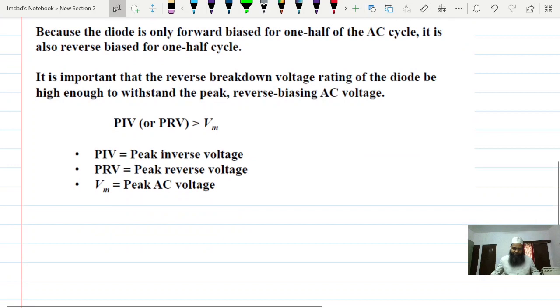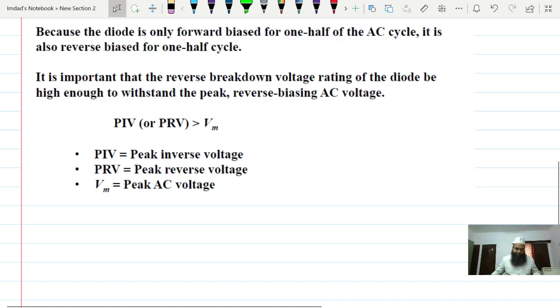This is PIV, peak inverse voltage, also called PRV. The diode must have a high PIV in comparison to Vm.